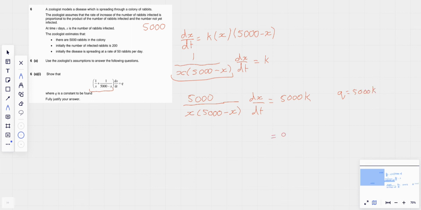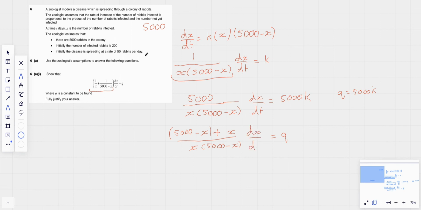For our fraction, we've already shown it can be rearranged in the way we just did, so we can just say this is the same as 5,000 minus x plus x over this, dx/dt, and of course now we can split them up, to give us exactly what we were after in the question.